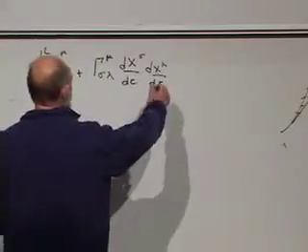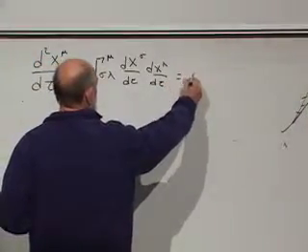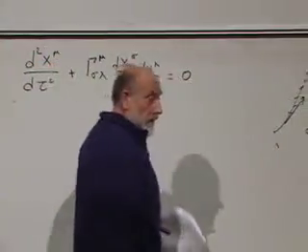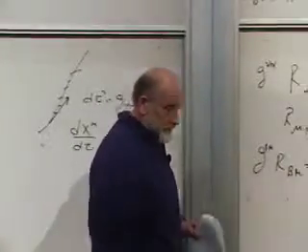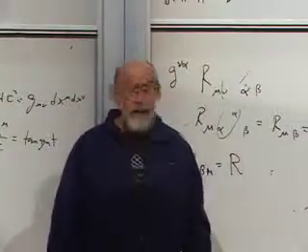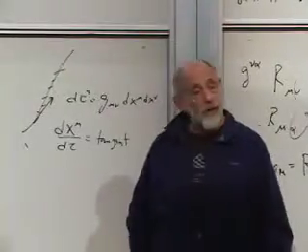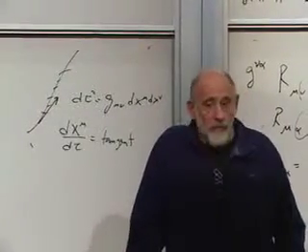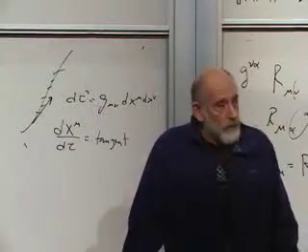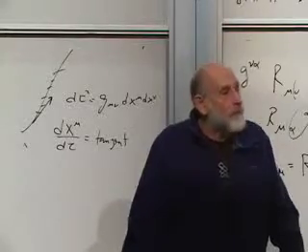If this is equal to 0 everywhere along the trajectory, then the trajectory is a geodesic. Or another way of saying it is this becomes the equation of motion for a particle moving in a gravitational field or moving in a space-time metric.